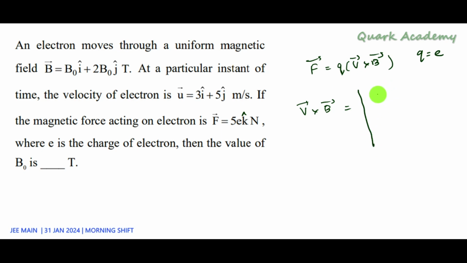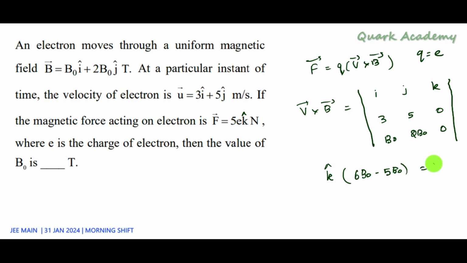V cross B is I, J, K. First we need to write the velocity, 3, 5, 0, then B, which is B0, 2B0 and 0. So the I and J terms will get cancelled. Only we will have K. So K into 6B0 minus 5B0, which is equal to B0.